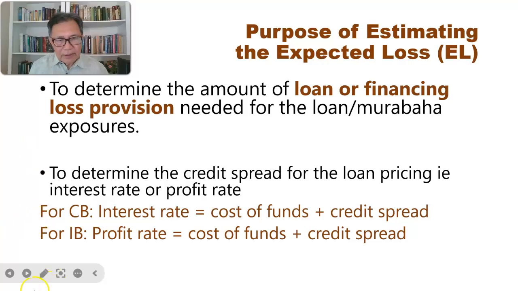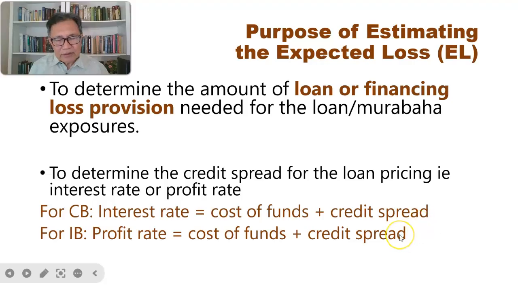Meaning that for a conventional bank, the interest rate is the price of the loan. So it consists of the cost of fund, which is the overnight policy rate, plus the credit spread. Right? Likewise, for an Islamic bank, the profit rate is the sum of the cost of fund plus the credit spread.